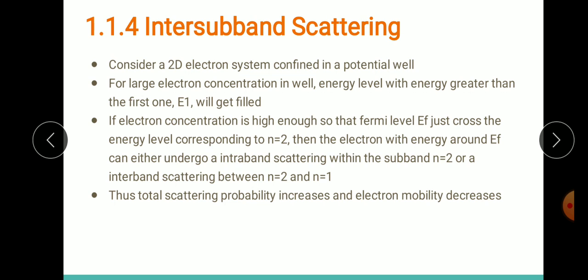What we discussed was parallel transport, electron transport parallel to the interface, parallel to your potential barrier. They are similar to transport in bulk semiconductors, except for the difference in the DOS function and scattering mechanisms, and because of this we studied the different scattering mechanisms. The first was electron-phonon scattering, right?